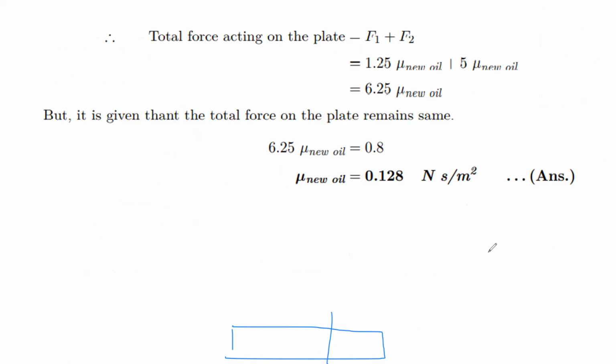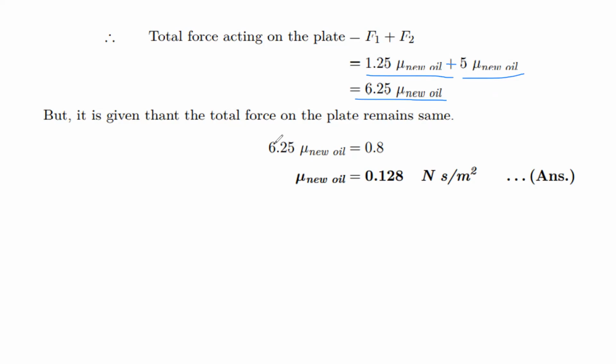So you have already the equations for F1 and F2. F1 is 1.25 times mu new oil. And F2 is 5 times mu new oil. Total will be 6.25 times mu new oil.